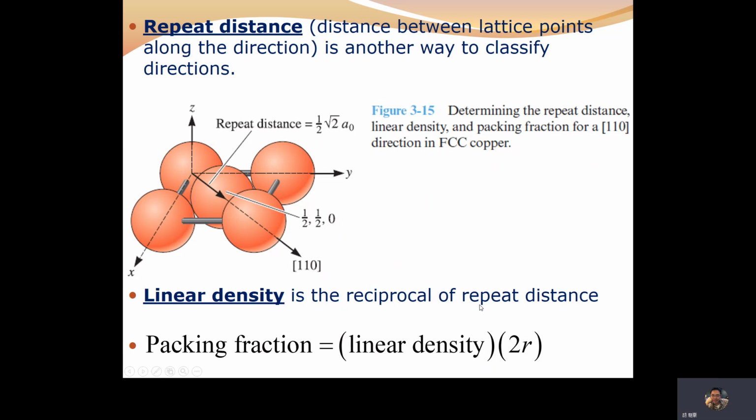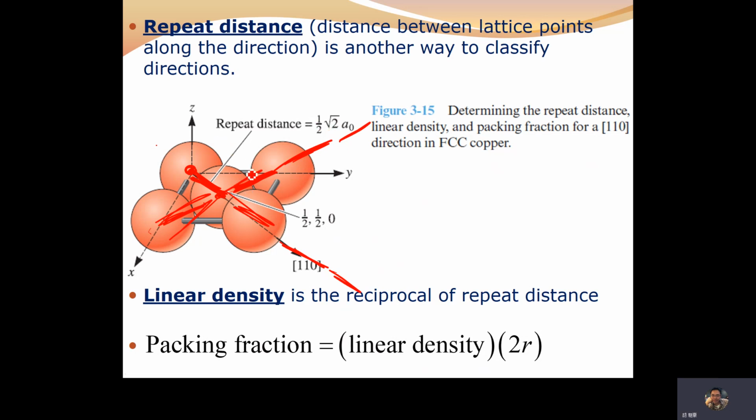For example, here, this is the repeating distance because there's an atom and an atom, and they are in contact. We can repeat it here, here, and here. Also, here's the repeating distance. Keep repeating.